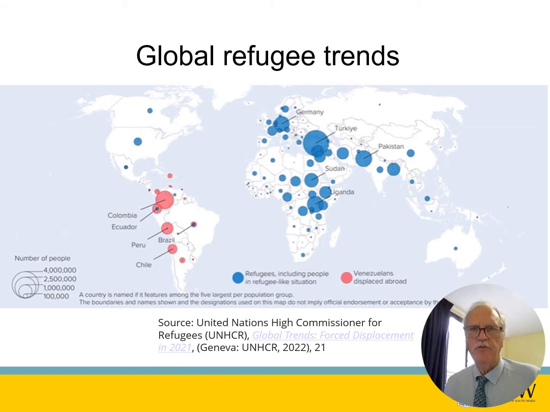In recent years, about 15,000 to 20,000 refugees have resettled in Australia each year. Over the past 10 years, there's been about 180,000 refugees who've been resettled, which represents less than 1% of the total global number of refugees across the world.